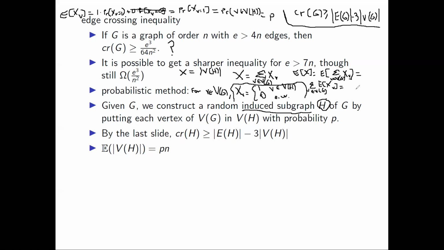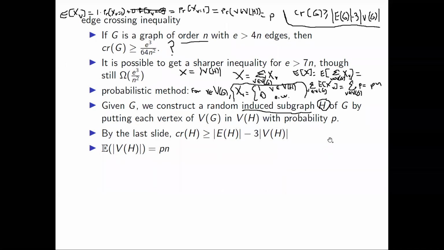So each of these expectations, the expectation of X sub v, is just equal to p. So we have the sum over all the vertices of p. And we said that the graph had order n. So that's going to be p times the order, so just pn. So that's how we got that first expectation of the cardinality of V of H.